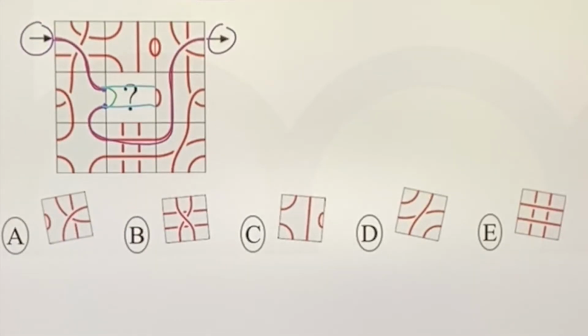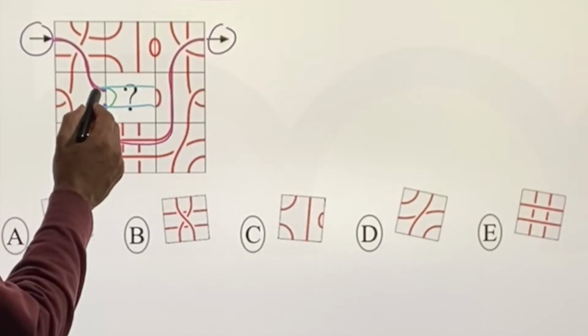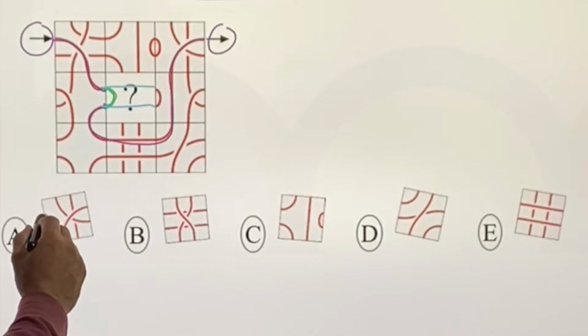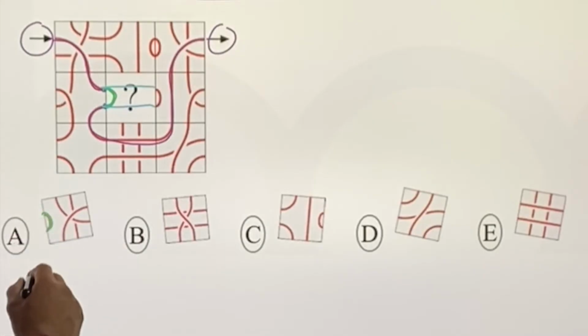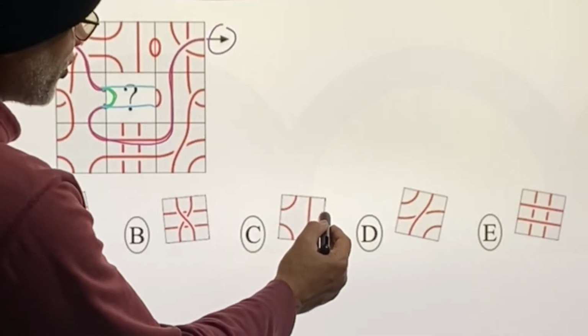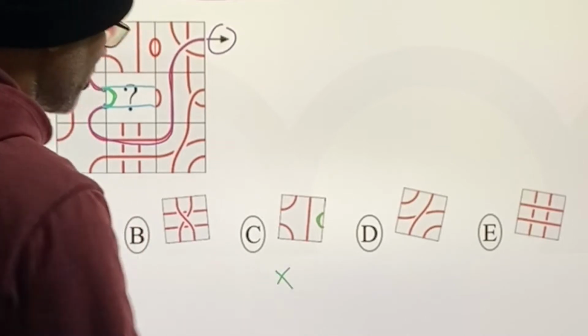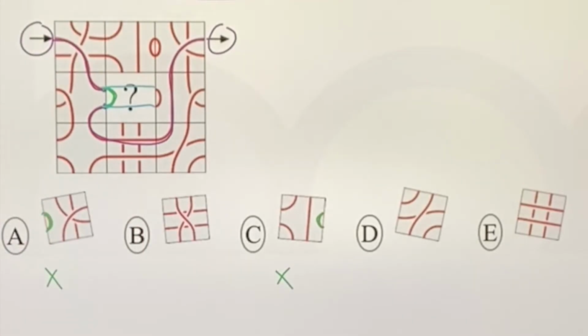Now let's take a look. For this connection, I can see that I can do that here. This is the same, so we can get out with this. So this is not the correct choice. Similarly, I see that shape here. I can also use that, so this is not going to be the correct choice. Next, let me look at the other possibility.